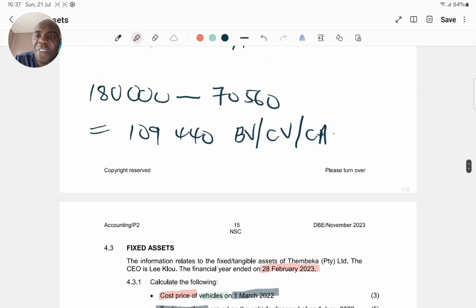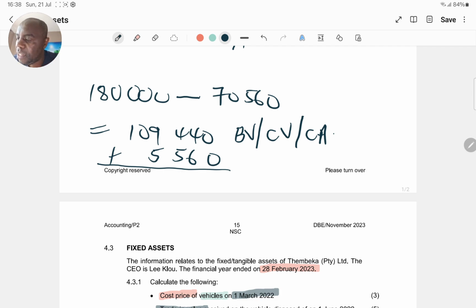We take this 5,560 and add it to the book value of the asset. 109,440 plus 5,560. I get 115,000. This becomes my answer for bullet number 2. So we traded in this vehicle for 115,000.